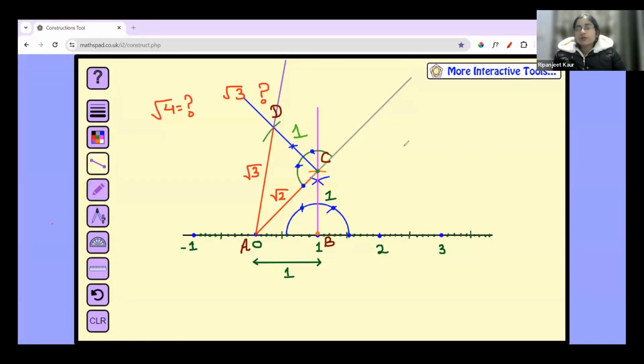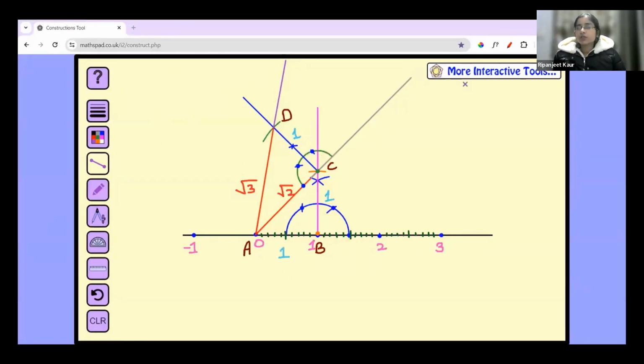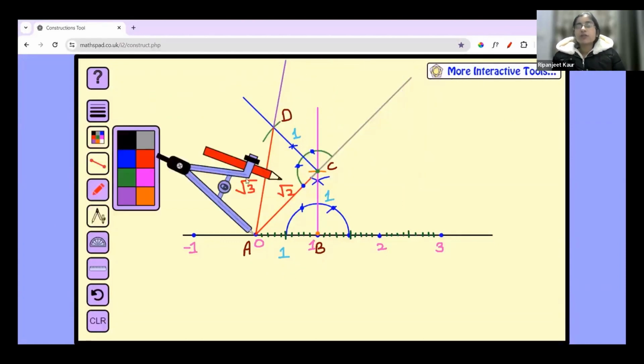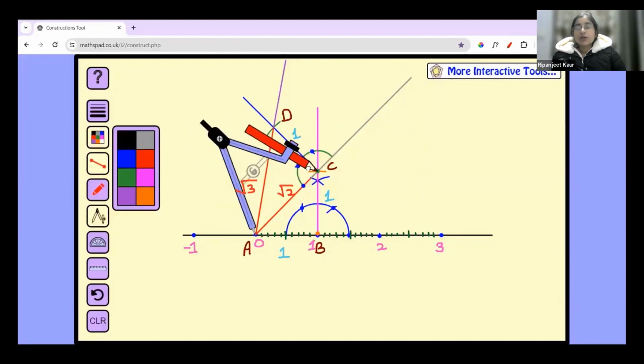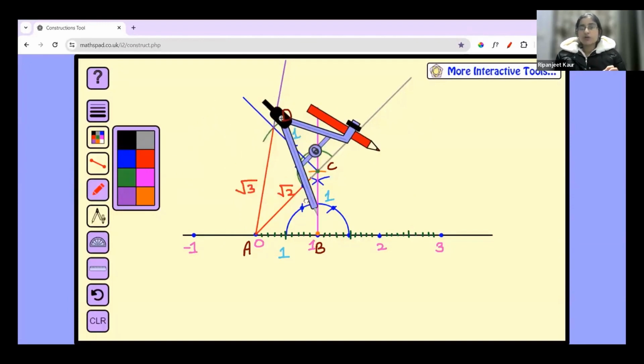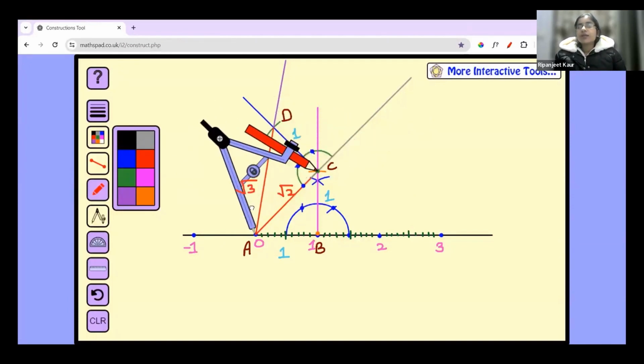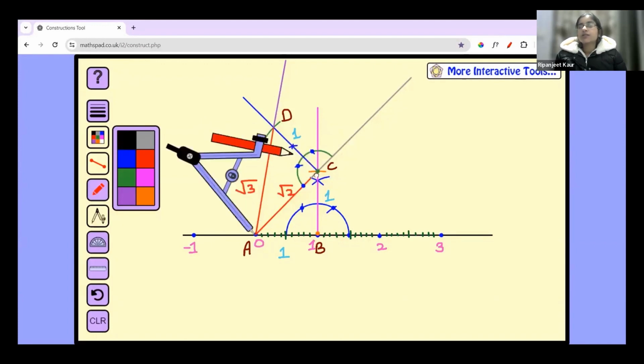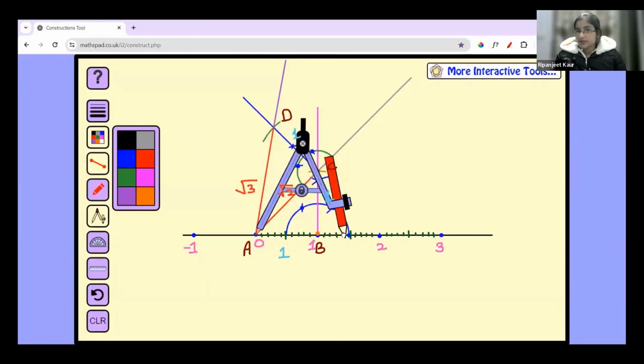Now after doing this, we have root 2, root 3 and so on, but how to plot it on the number line? We have drawn the length, but how to plot it on the number line? So we will need the help of our compass. Measure root 2, how much it is, with our compass and pencil. So when we have measured it, what are we going to do? We are going to place our compass pin on 0, and then we are going to move this pencil towards the number line like this, right?